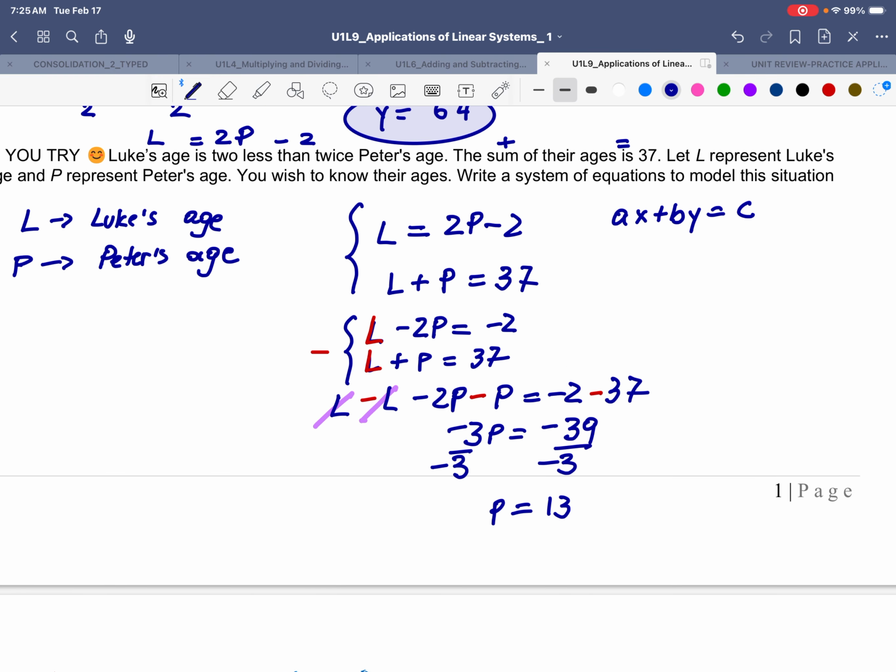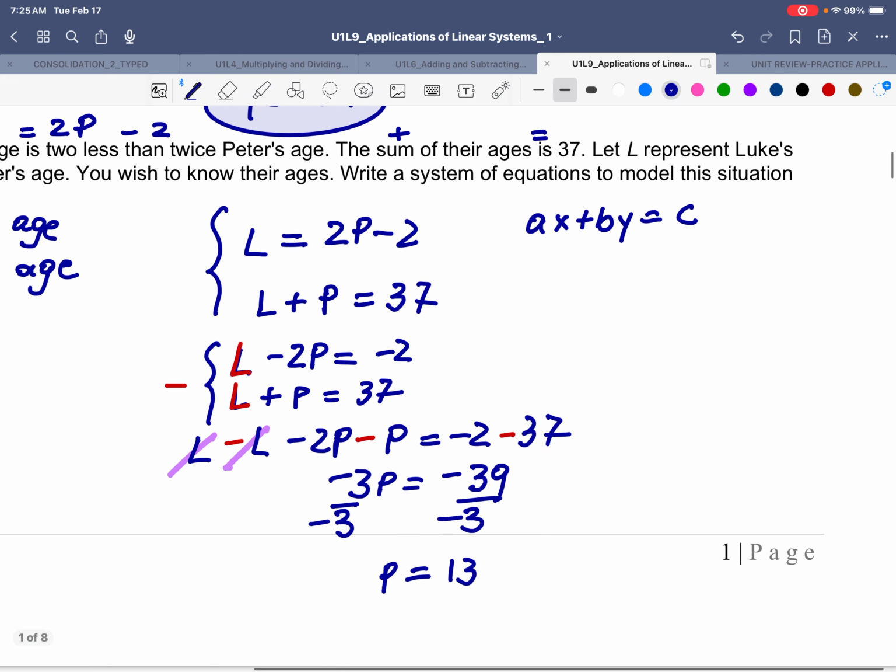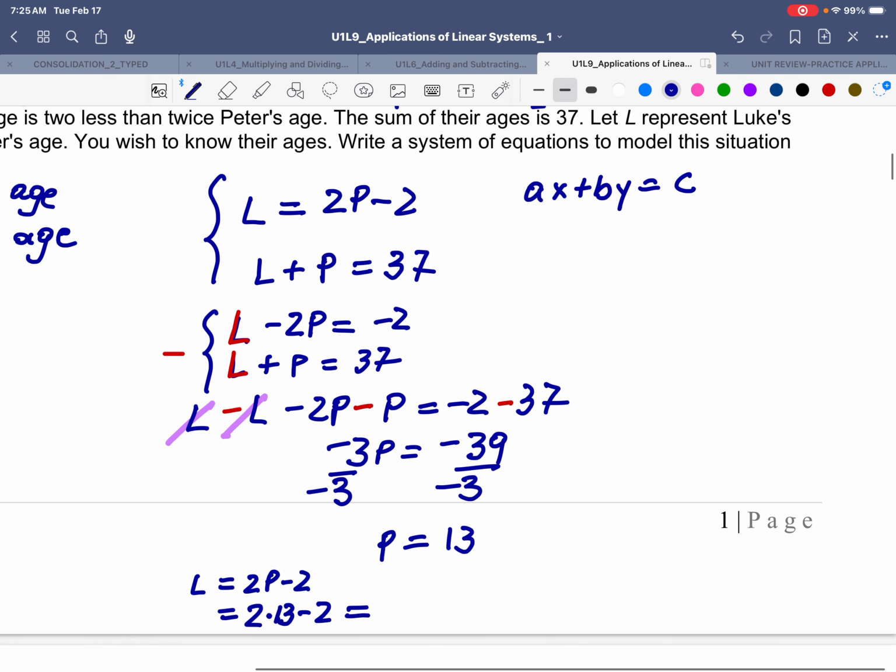So if P is 13, then we can find L, which is 2P minus 2, or double 13 minus 2. So that will make 26 minus 2, or 24. So L is 24.